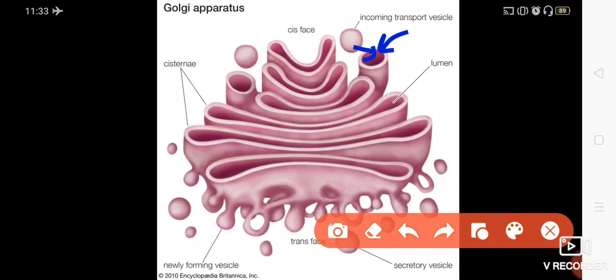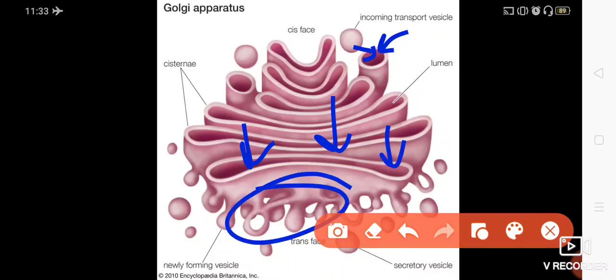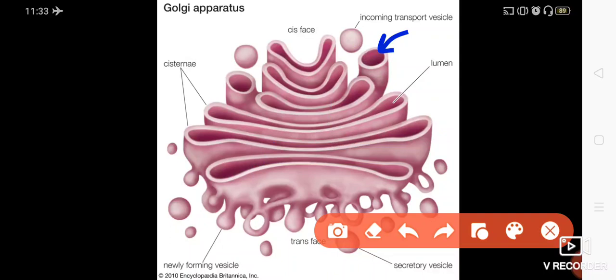Once these materials are stored here, and if these are going to form new vesicles, these structures are known as the trans phase, meaning the newly forming vesicles. And after that, once the material is packed and stored, it will be released to the outside of the cytoplasm, that is outside the cell membrane, by secretory vesicles.